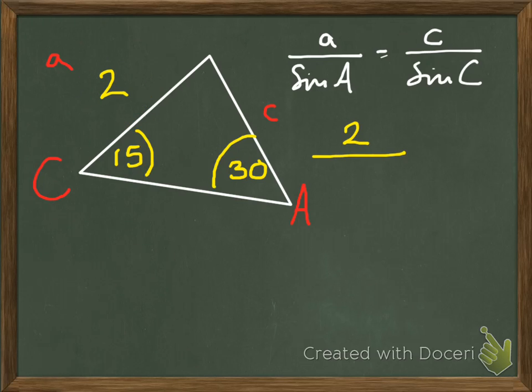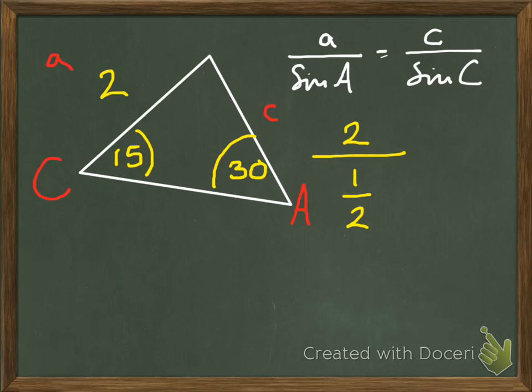over sine of A, so that's the sine of this number here, 30, and you will need to use your calculator for that, unless you know the clock face trick, which I may do in another video. But the sine of 30 is a half.